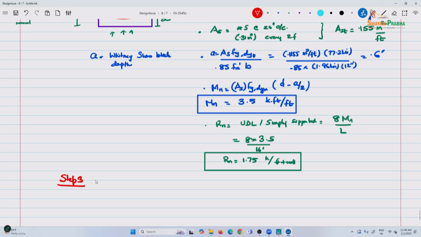So step 3, the process is the same, dynamic properties, and so we start with I average.